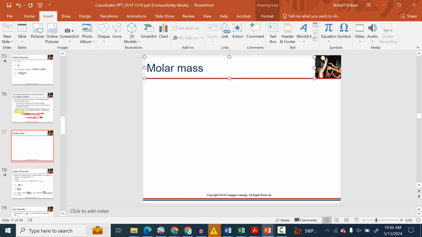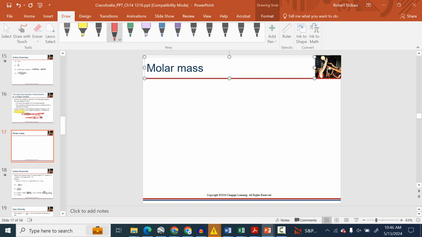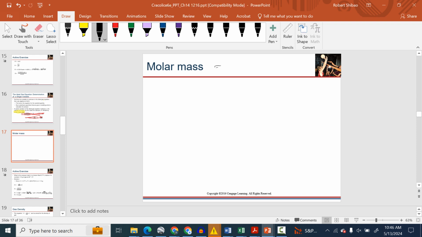First off, what is the definition of molar mass? Molar mass is defined as mass per mole.